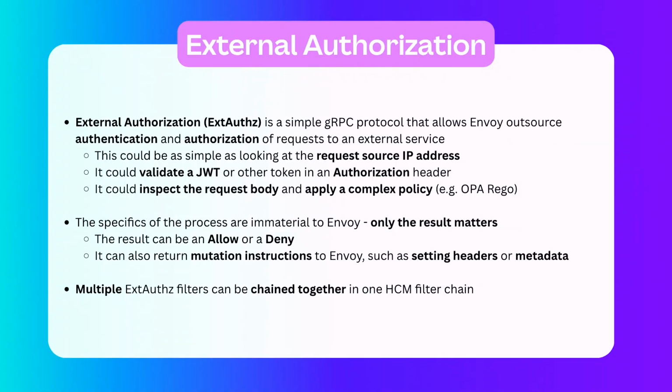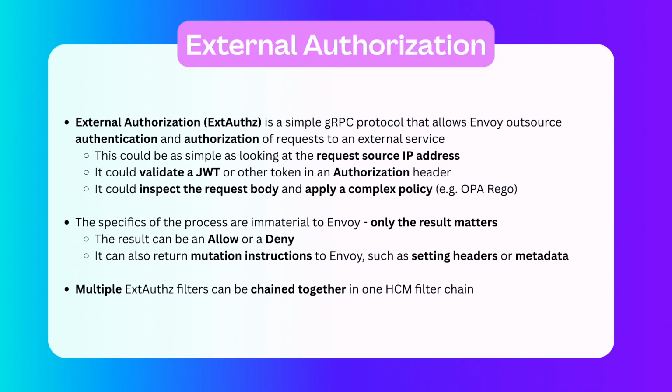You could say, I only want to send the headers, I don't actually want to send the body, because that's obviously more efficient. That choice is up to you. So we're going to take a quick look at external authorization, which is the one I've seen the most, and also probably a good sample case.